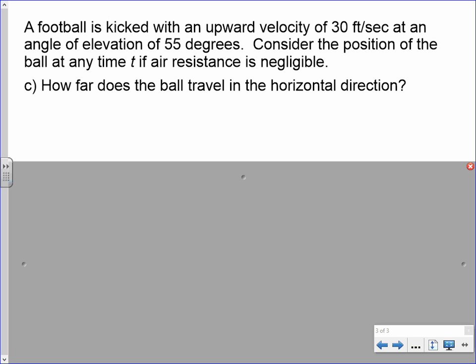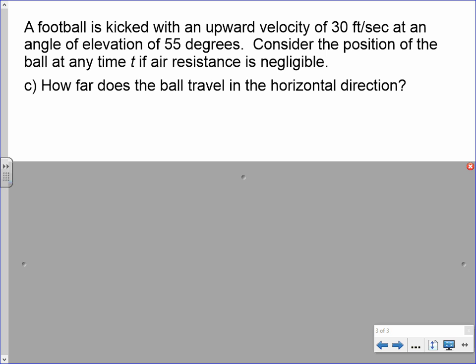How does that correlate? That's the variable you can plug in for when it hits the ground, so that's like distance and time. Okay, if our football hits the ground, that's how long it was in the air, correct?